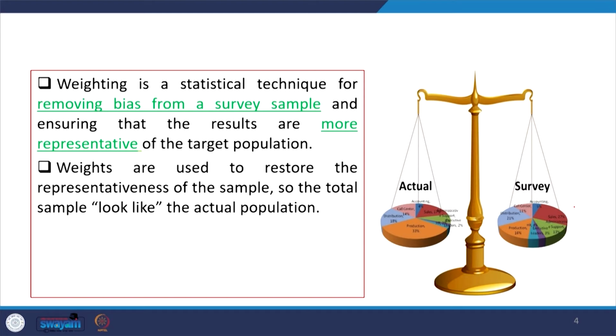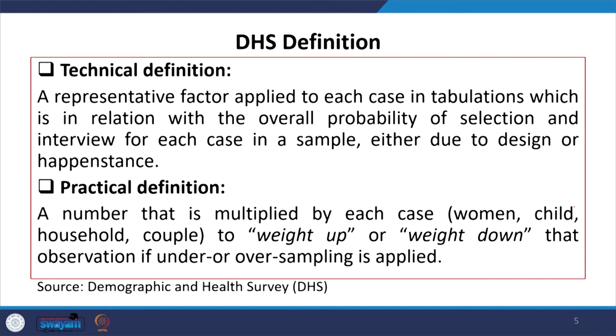Weights are used to restore the representativeness of the sample, so that it looks like the actual population. Now, I am coming to the exact definition of those technical terms we are using. It is taken from the Demographic and Health Survey, DHS, to which the Indian National Family Health Survey is attributed.